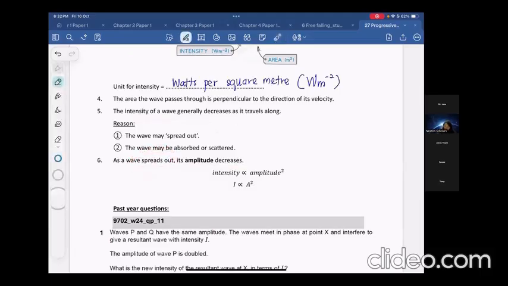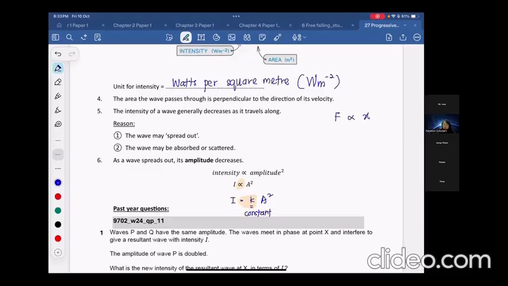So if we want to make it mathematical, we can write I proportional to A square. Directly proportional, we can change to equal: this symbol can change and we add a constant value. It's something like when we learned about Hooke's law. We say that F is directly proportional to the extension.